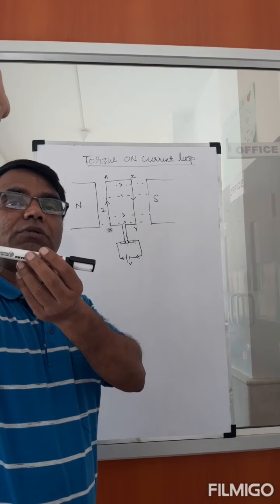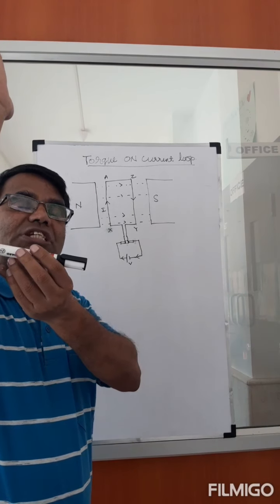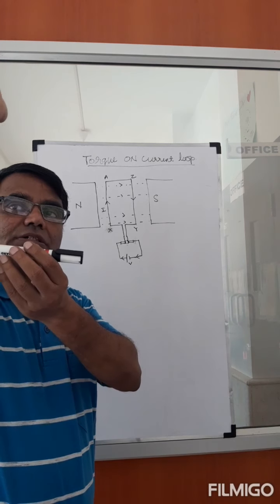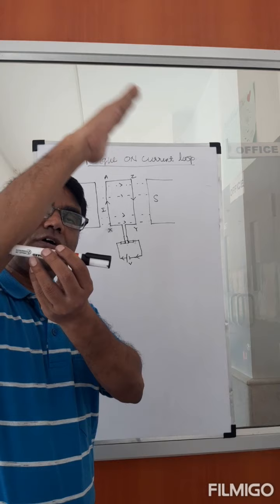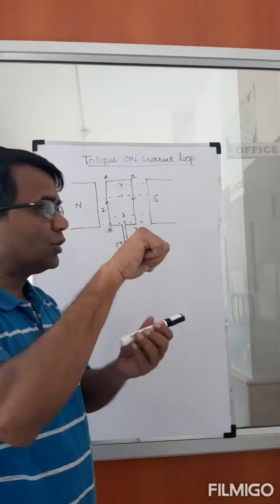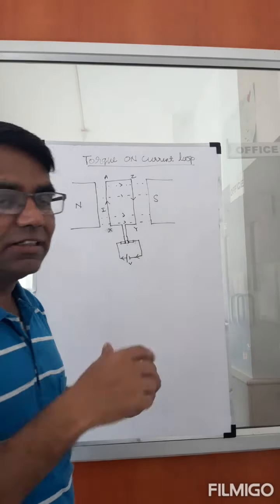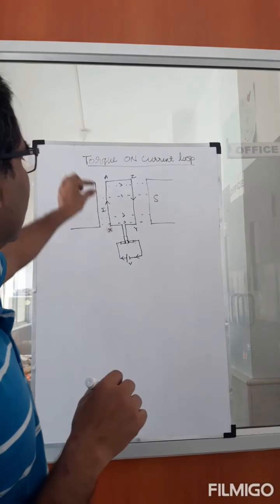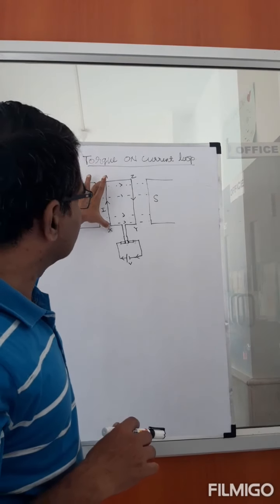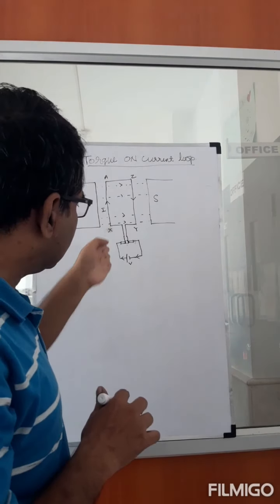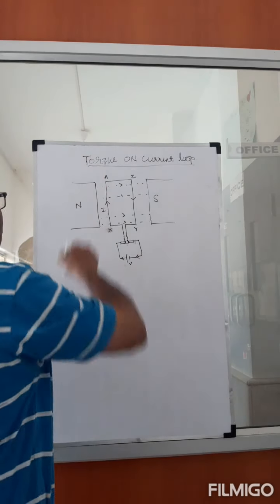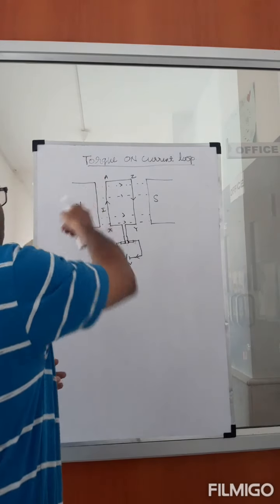In which direction would that force be? It is given by IL cross B. Then the force will act in this direction, on every part of this conductor, into the board.